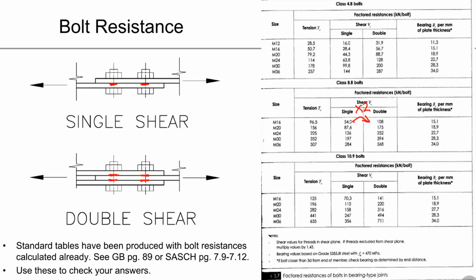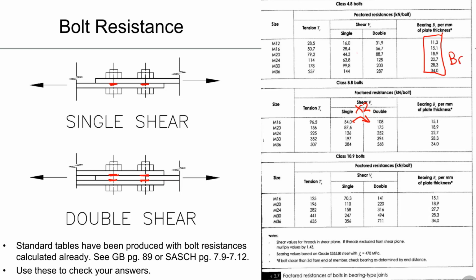Now, on the right-hand side, this I've just taken from the Steel Construction Handbook. This is from the Green Book, and it's the same as the Red Book, the South African Steel Construction Handbook guidelines, and a lot of details have been pre-calculated here, such as the capacity of bolts, the bearing resistance per millimeter of plate thickness, so that you simply multiply a value there by a thickness, and you'll get to a bearing resistance.